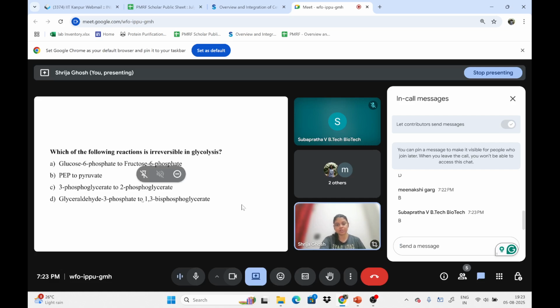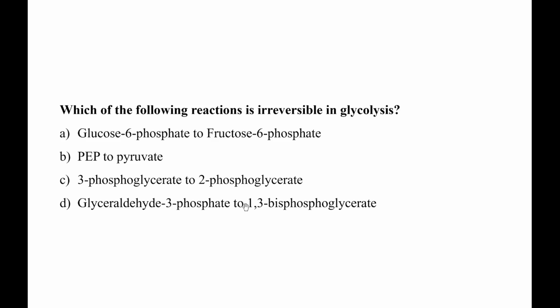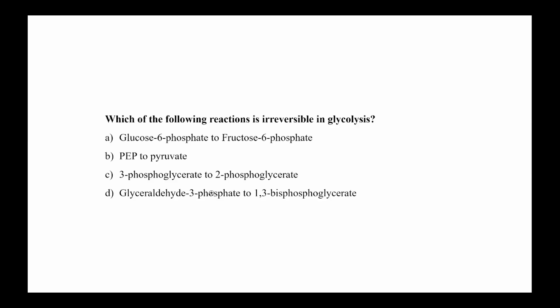Okay, so both of you are agreeing to option B, that is PEP to pyruvate. That is the correct answer. Just a second. So phosphoenol pyruvate to pyruvate, that is the correct answer.